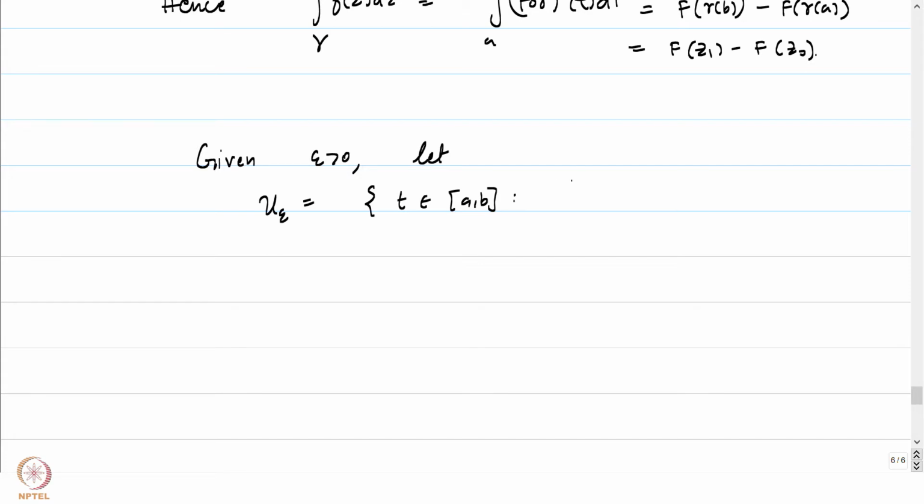So, let me just write down what that means. Let U epsilon be the set of all t such that the absolute value of the integral from a to t of f(z) dz minus f of gamma of t minus f of gamma of a is less than epsilon times the arc length of gamma restricted to [a,t].